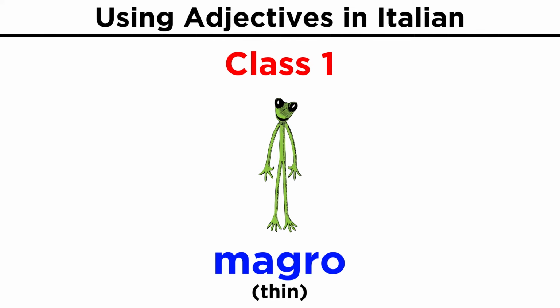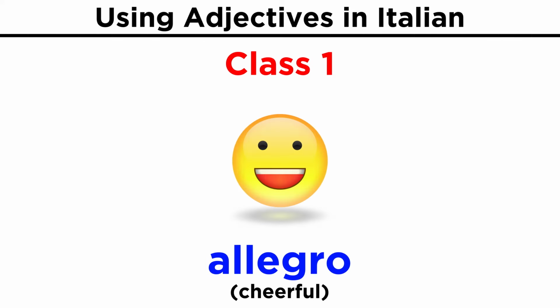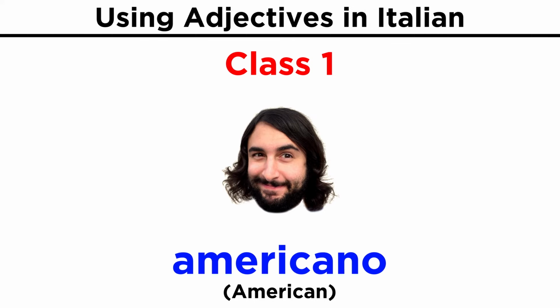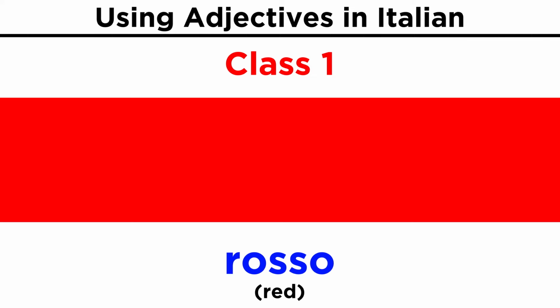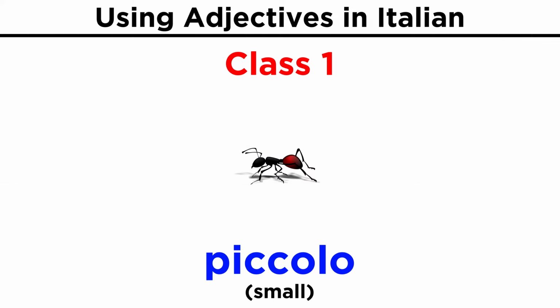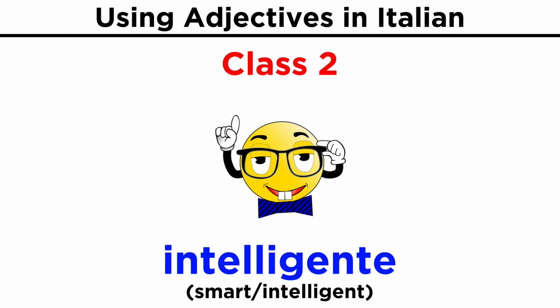Magro. Allegro. Americano. Rosso. Piccolo. Intelligente.